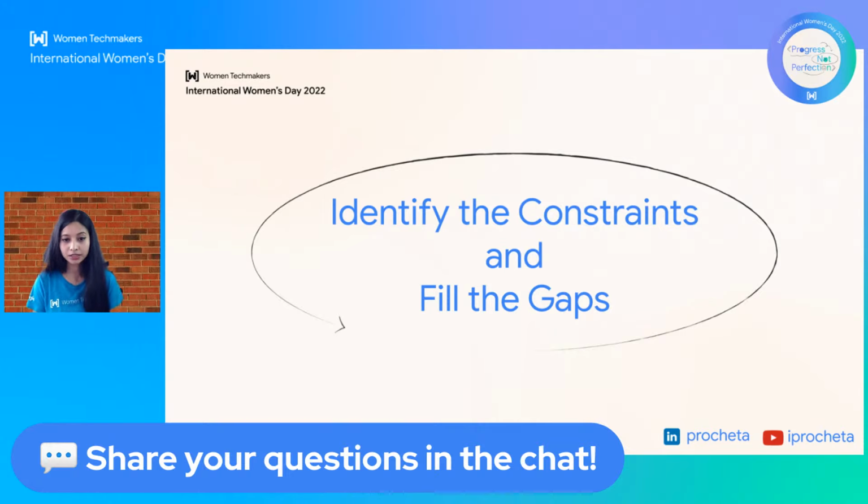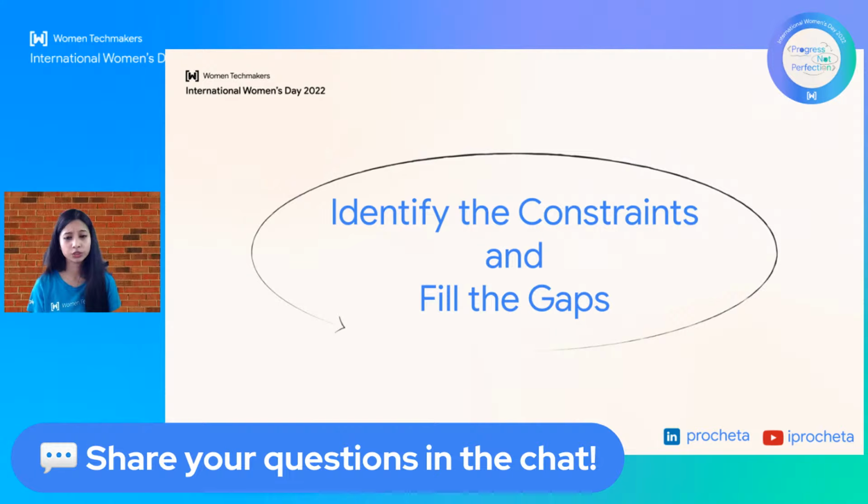Otherwise you'll be lagging behind those people who already have experience in your anticipated field, which you're lacking. And definitely you need to fill the gaps. Once you have identified all those constraints, you need to work on filling those gaps.